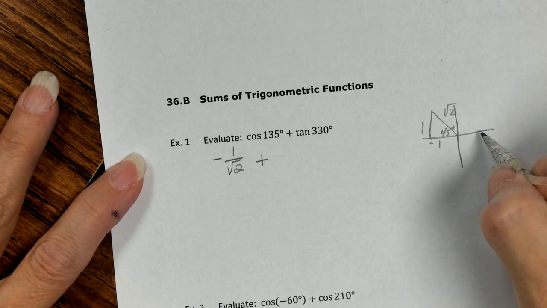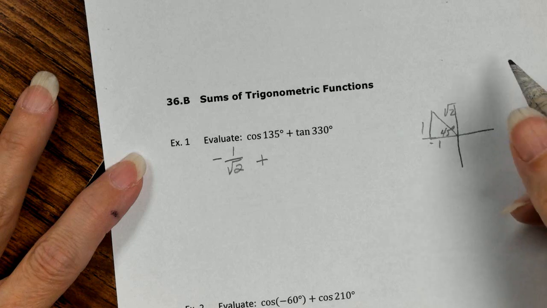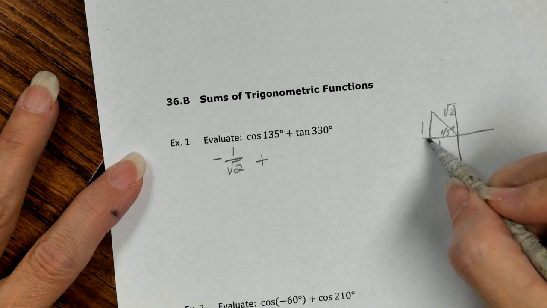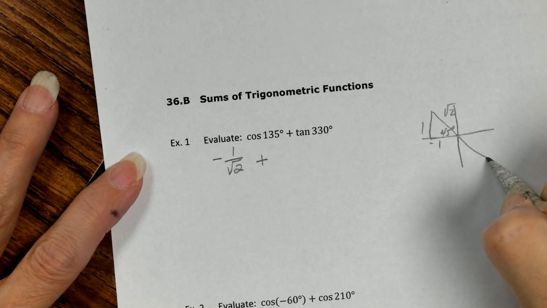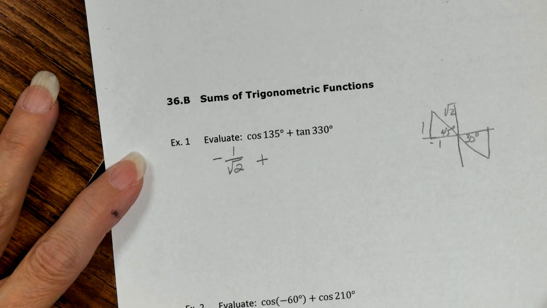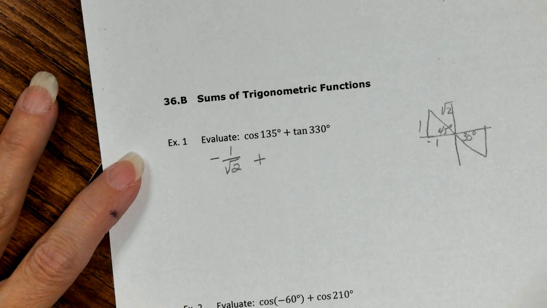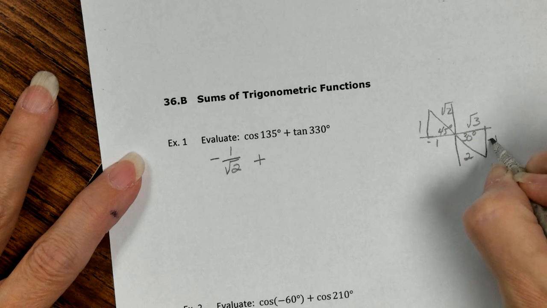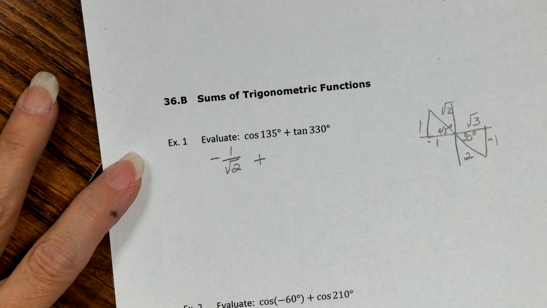We'll put 330 on the same axes here. 330 would be down here. 360 minus 330 is 30. So this is a 1, 2, root 3 triangle, and y is negative.